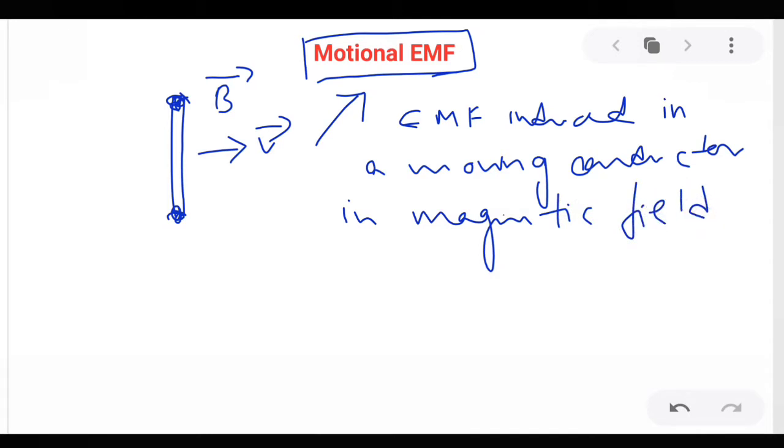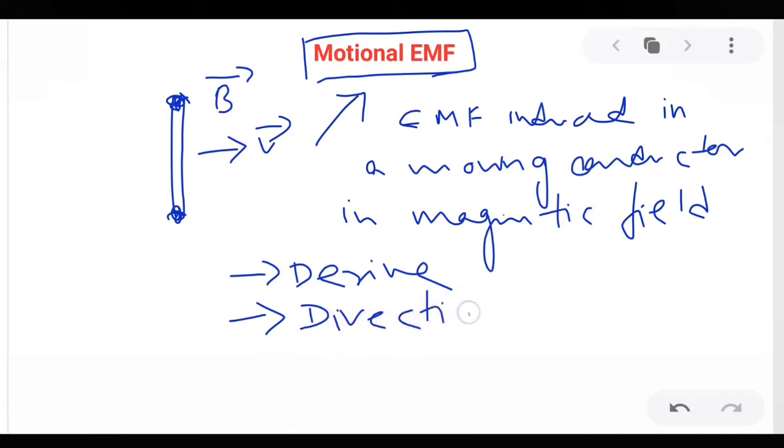In this video we are going to derive the expression for motional EMF. We will also analyze how to find the direction of the EMF. So these two things we are going to see in this video.